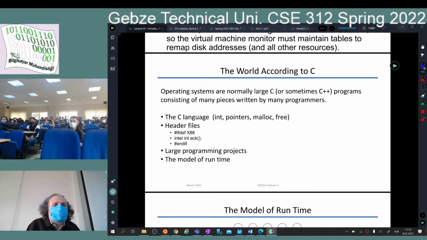You need to use assembly for those. For the places where you can use C, of course you try to use C. That's what we do. Luckily, most of the time C would be enough. For example, the whole file system or process scheduling, most of it, or the memory management will be done in C.